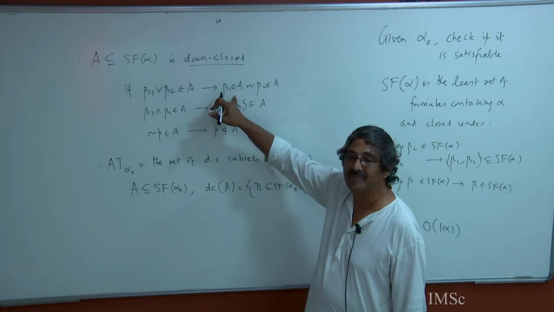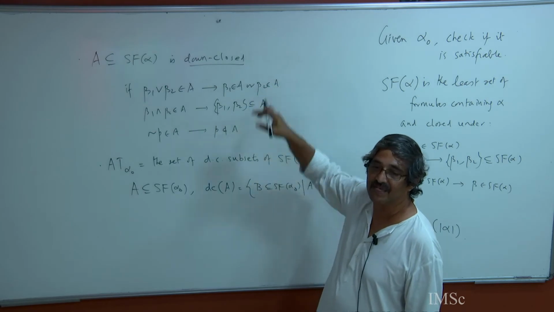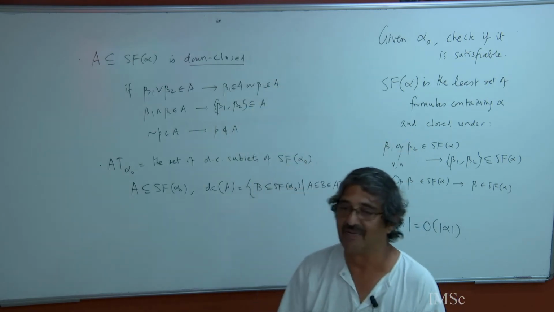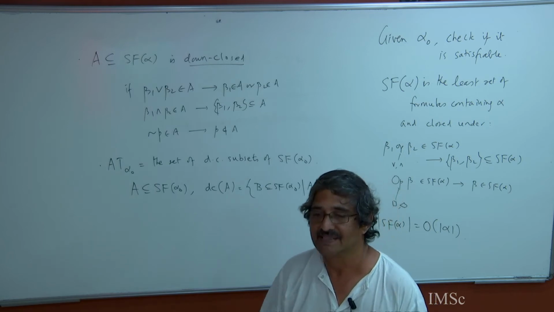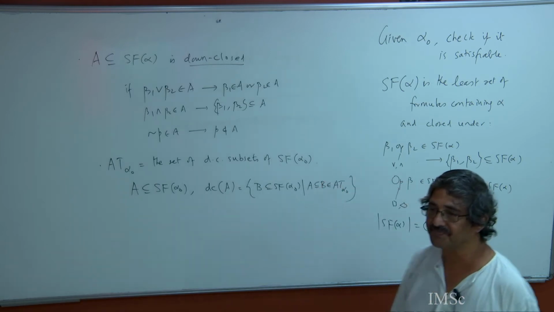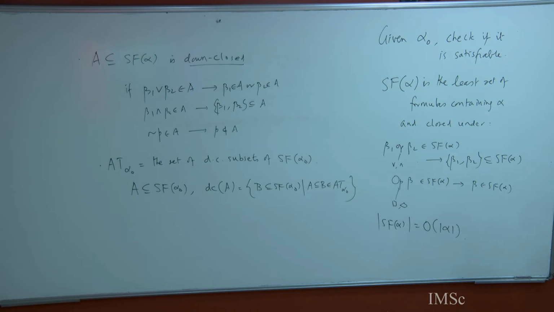One downclosed subset may have beta 1, another downclosed subset may have beta 2. If I start with beta 1 or beta 2, the downclosure consists of two sets. Is this clear?